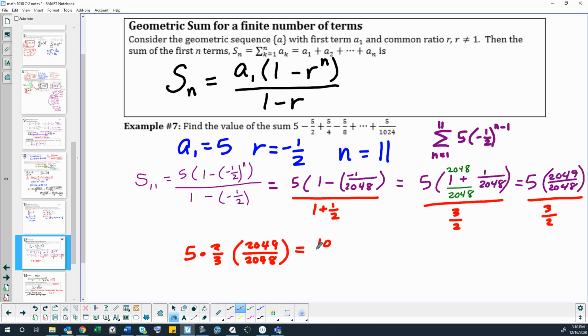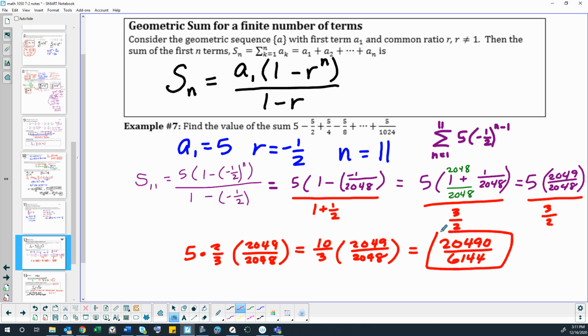So that is 10 thirds times 2049 over 2048, which means we'll have 20,490 over 3 times 2048, which is 6144. That could be the final answer, although I think it reduces a little bit.